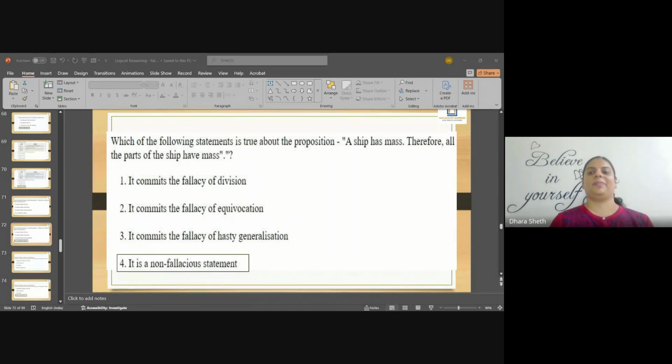So if they say that a ship has a lot of electrons, therefore all parts of the ship have a lot of electrons, it would be true because all of them have atoms and all of the atoms have electrons. Okay? Something like that. School level learning, which we all have forgotten years back.